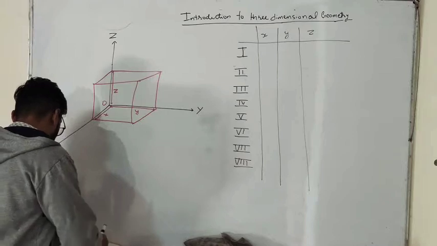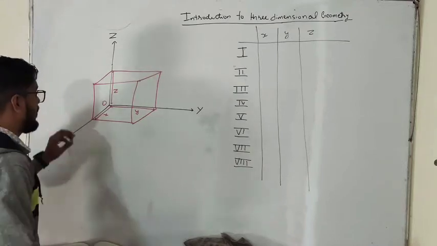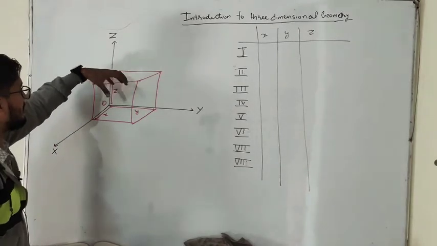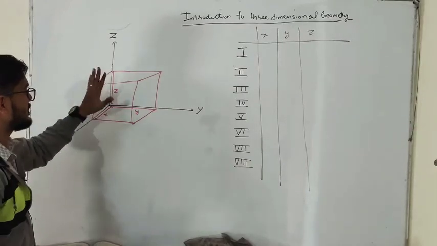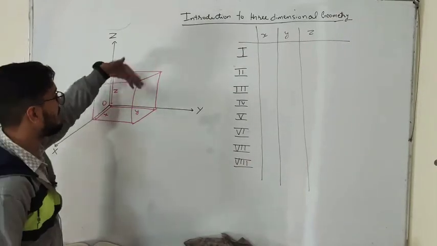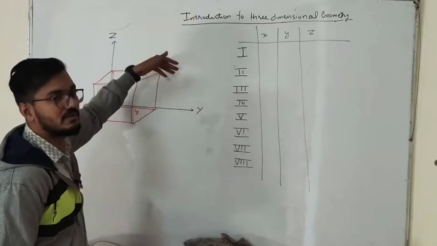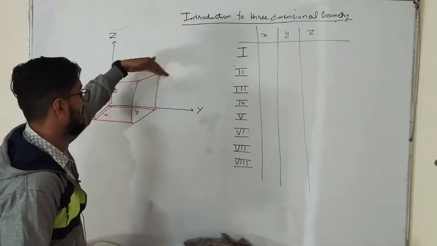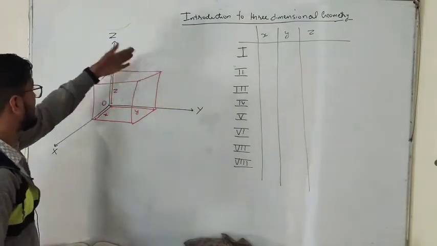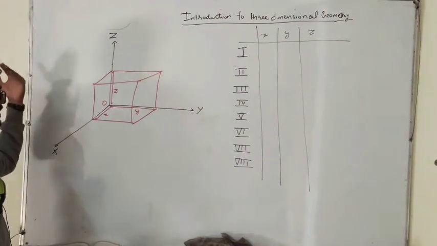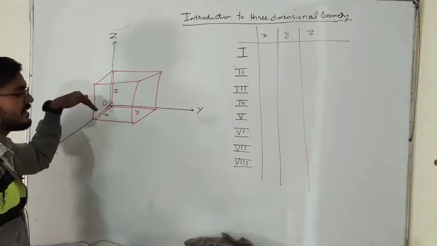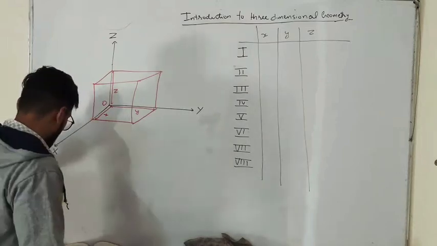There are total 8 octants in 3D. 8 octants means first octant will be x, y, z, this one, this face. Second octant will be opposite to that, just opposite to that y-x direction. Third will be in this, fourth will be here, fifth will be downward, sixth, seventh, eighth, in this way, right?